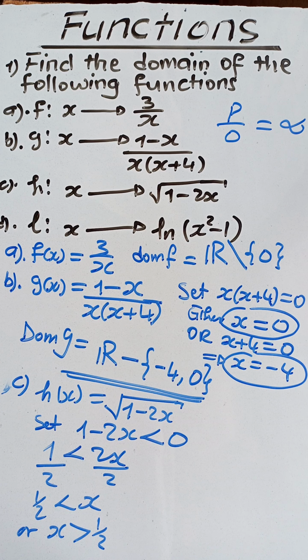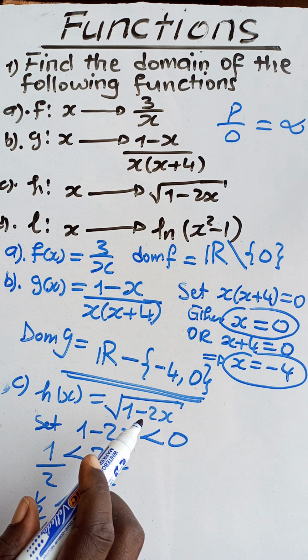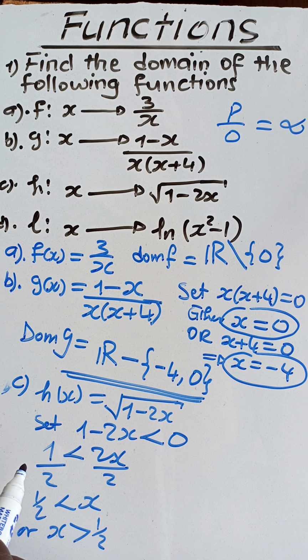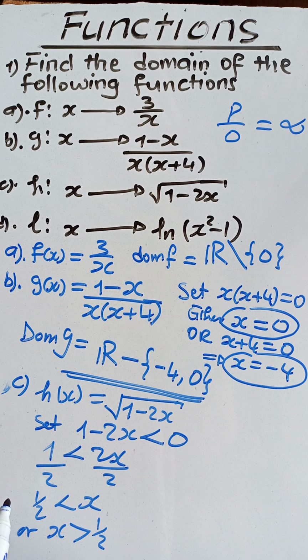Okay, so it simply means all values of x to the right of a half will render this expression negative. And if this expression becomes negative, then the square root will be impossible. We will not be able to get the square root in the set of real numbers. It will only be possible in the set of complex numbers. Here we assume we're working on the set of real numbers.